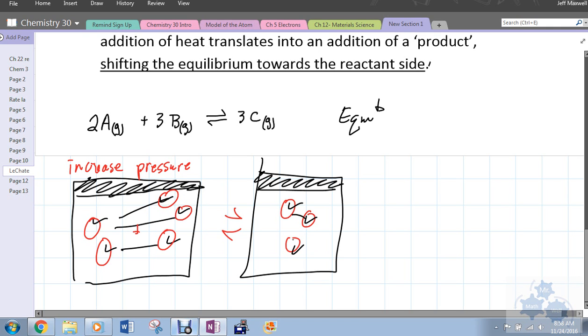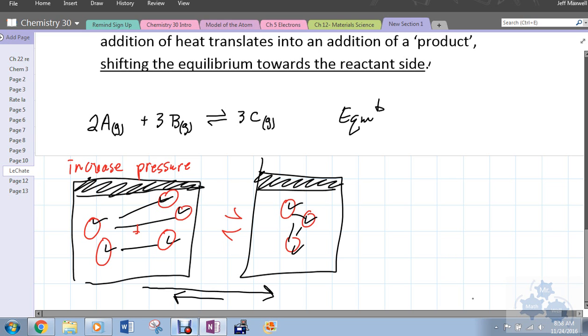And yes, this is going to react as well, but there are so many more moles on the left side that it's going to cause more product to be made, and there's going to be a slight shift in the equilibrium. Okay? So with increased pressure, the side with the most moles reacts and it shifts the equilibrium the other way.